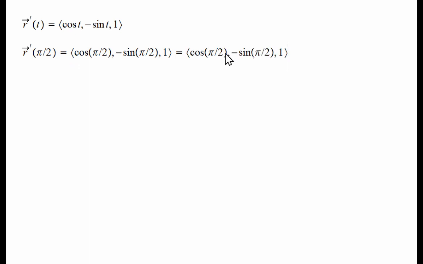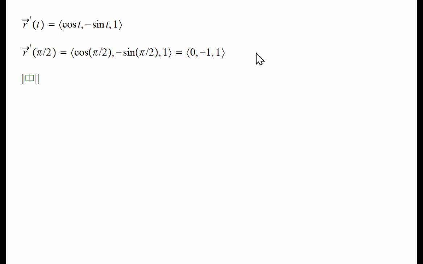We shall have cosine of pi over 2, then negative sine of pi over 2, and then 1. Cosine of pi over 2 is 0, sine of pi over 2 is 1, so we get 0, negative 1, 1 as the value of r prime at pi over 2.